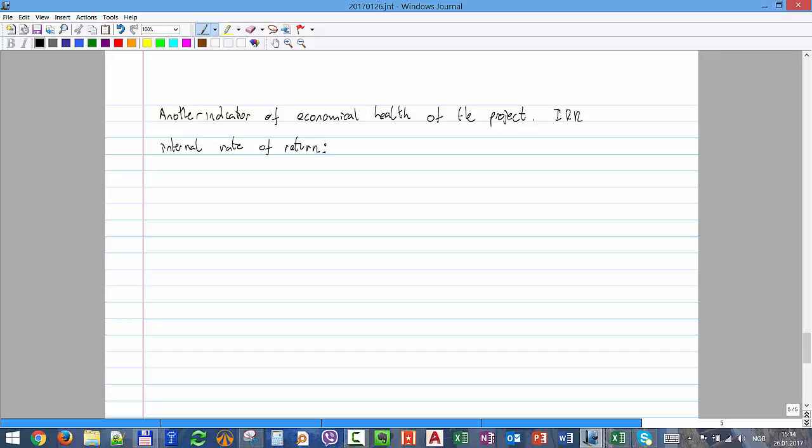And that we define it as the interest rate. Let me exactly copy what I wrote here. Maybe I didn't copy it.